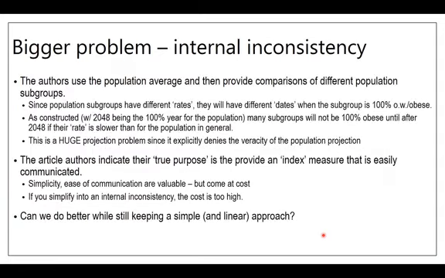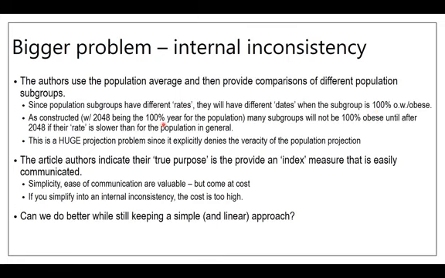But there's a bigger problem, right? And this is the thing we talked about again in 2018 in August, the internal inconsistency. The authors use a population average, but they also compare different subgroups of the population. They say that some groups have different rates, and that means they'll have different dates when they get to the benchmark of 100% overweight or obese.